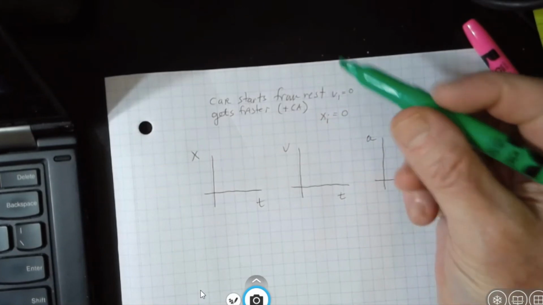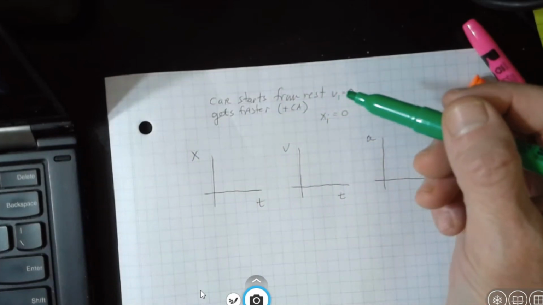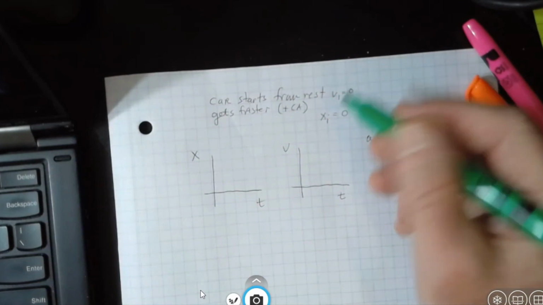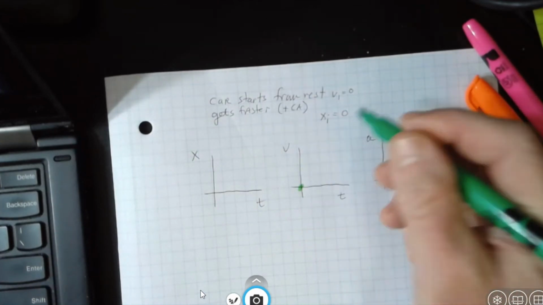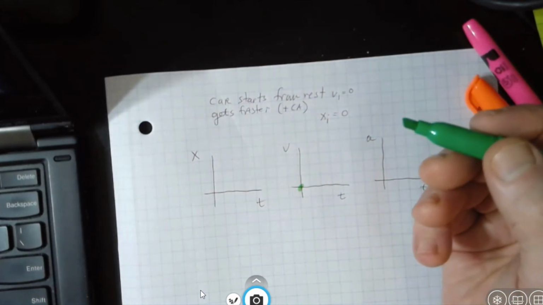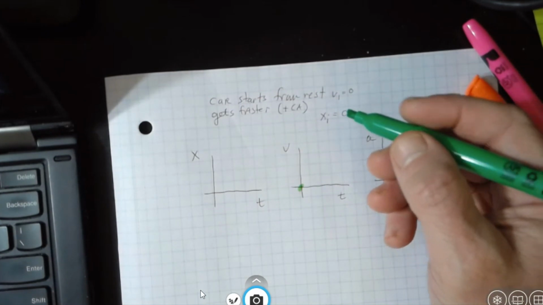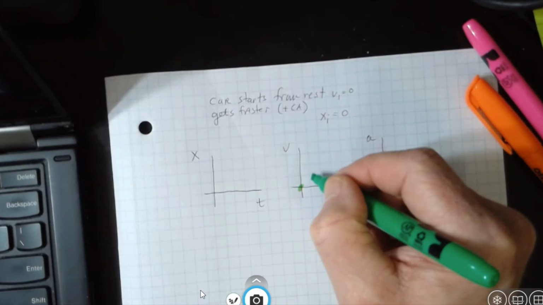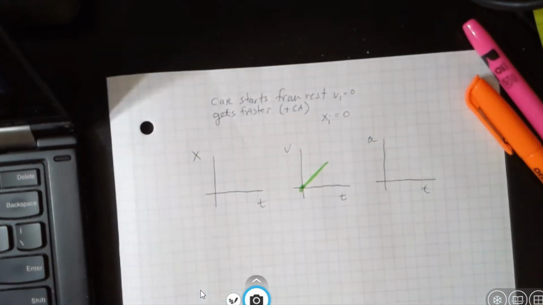If the object has a positive constant acceleration and it starts from a v-initial of 0, we know it's got to start at this point here. We're not really sure what that value is for the velocity. Again, we're just looking at qualitative types of graphs. So we would have a diagonal line here, right?